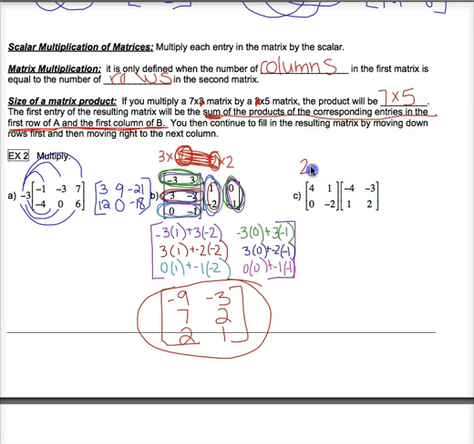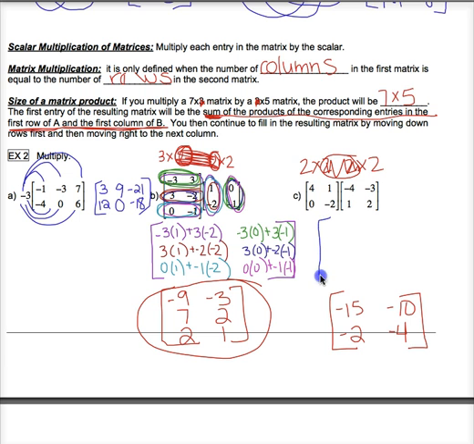So these were both 2 by 2s, which means middles match and cancel, so the answer should be a 2 by 2. And the answer here should be negative 15, negative 10, negative 2, negative 4. So if you have it correct, you can be done with the recording. If you did not, then pay attention to this explanation so we can get your work fixed.